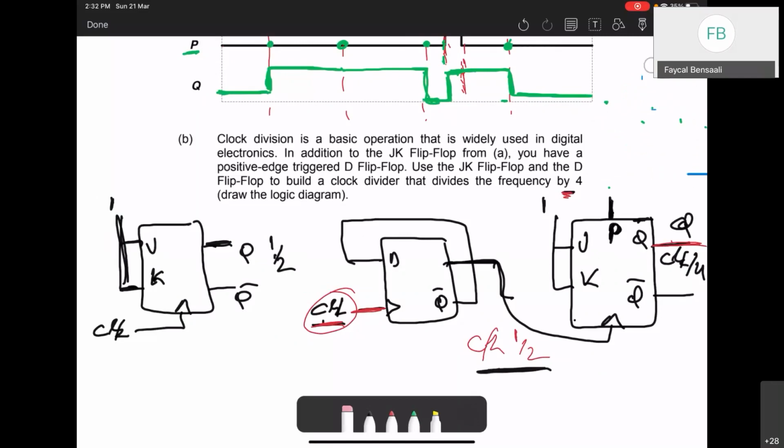It should be connected to 0. Yeah, 0. That's it. Good. Excellent. So this P should always be 0, which means we will not preset at all. And that's it. So this will work as a clock divider. Good. Excellent.